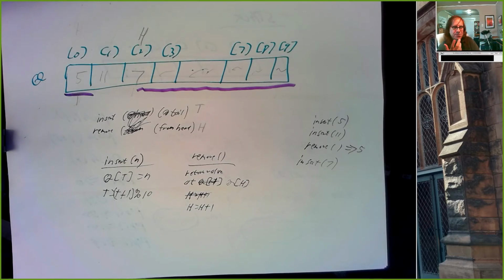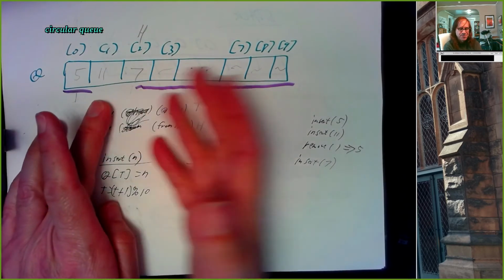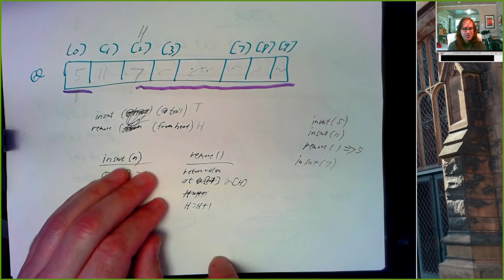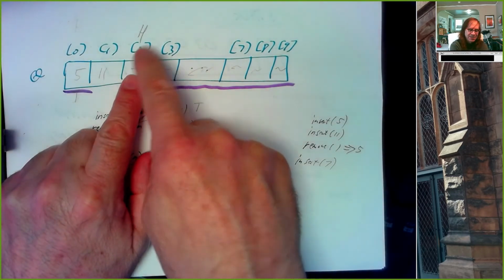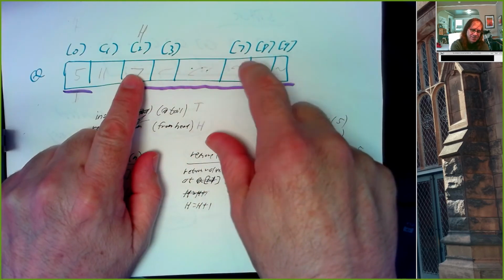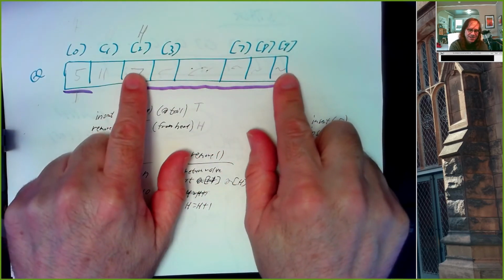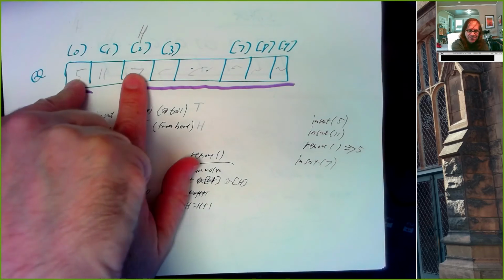So it's a circular Q. It doesn't always start at one spot and end at another. Sometimes it wraps around. In this case, it starts here, that's the head, and then the elements of the Q go back here and down here at the last part. It wraps back around to here.